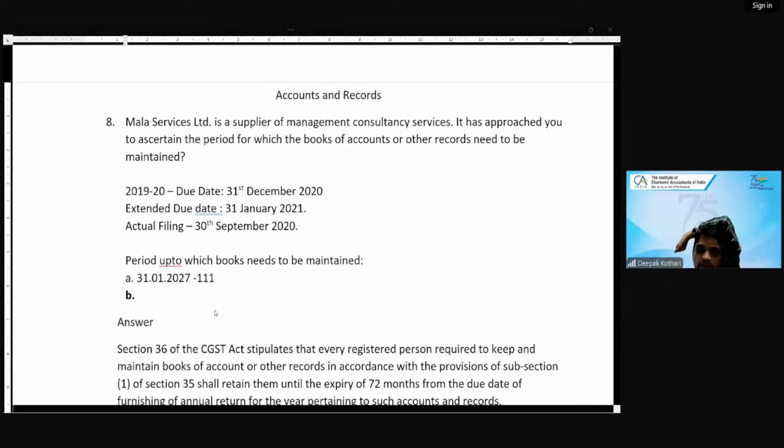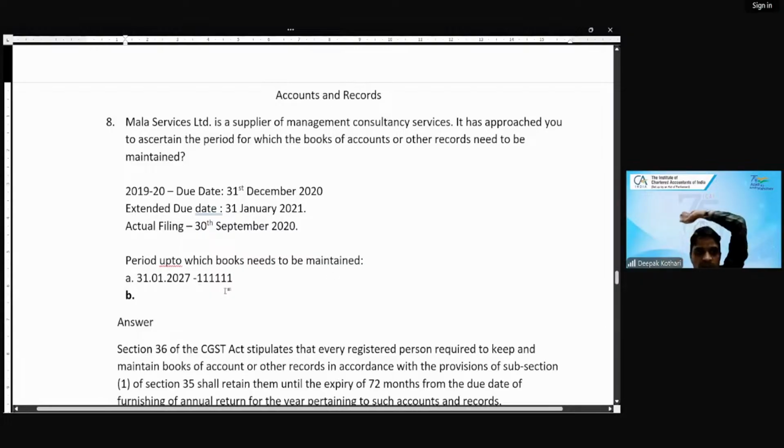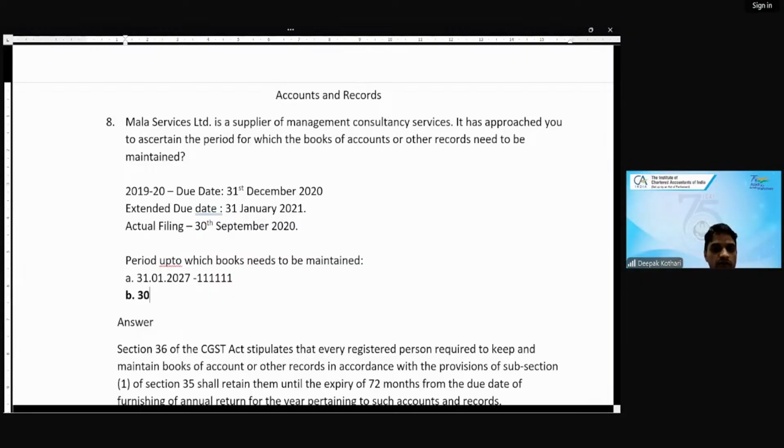Kushi is also saying 31st January 2027. Tannu Vishwakarma is also saying 31st January 2027. Now since maximum have said this, everybody will tell this one. Is anybody with me for 30th September 2026?